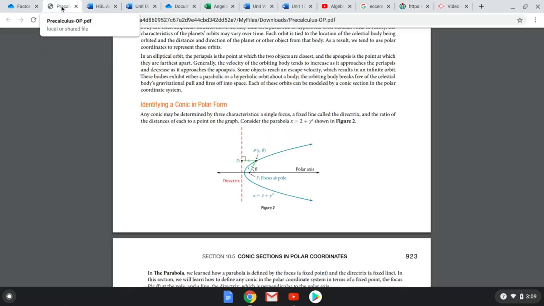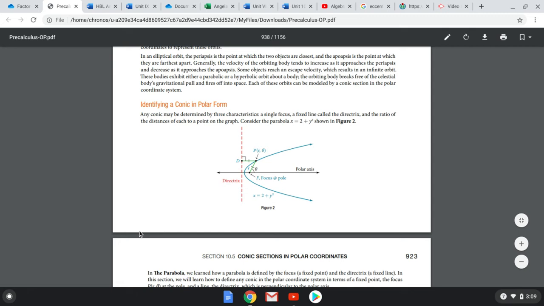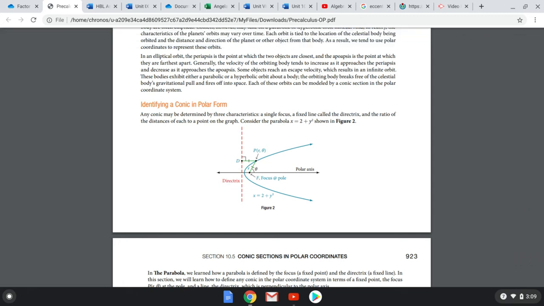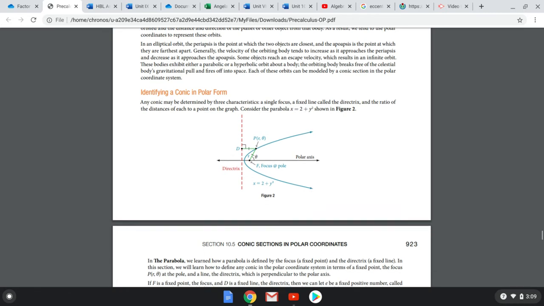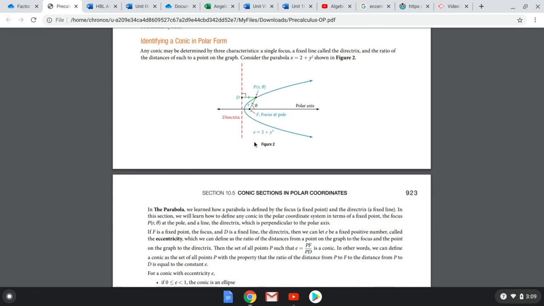All right, let's go back to the book. So you're probably thinking, what does that have to do with polar coordinates? I'm getting there. So we know that a parabola has a directrix, but there's kind of an imaginary directrix that all of the conics have that's used to calculate the eccentricity.